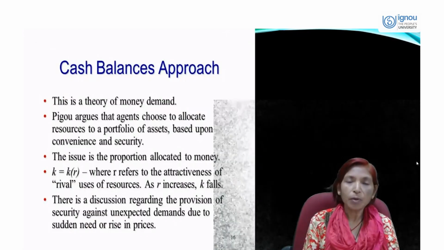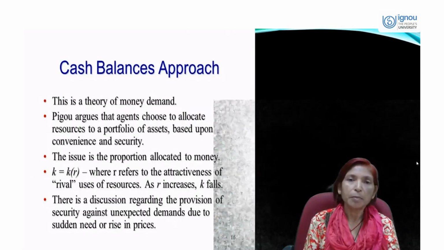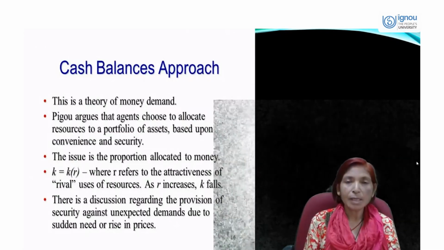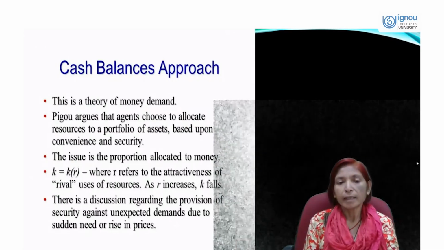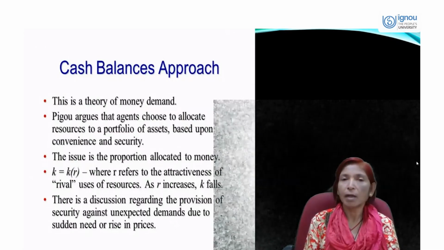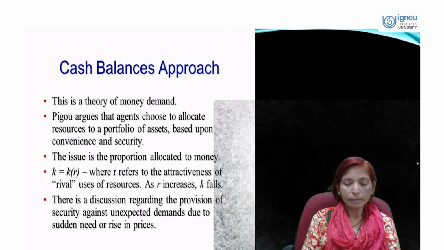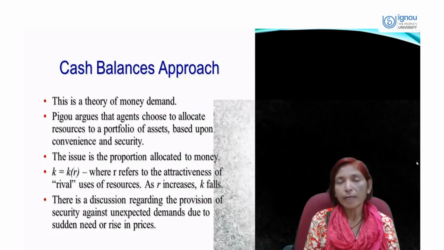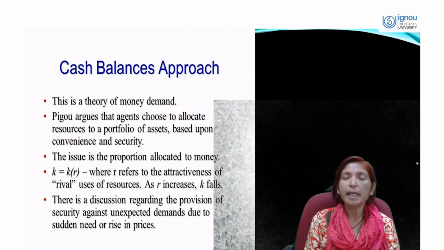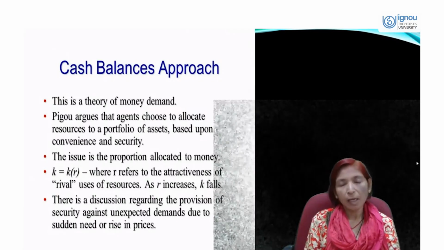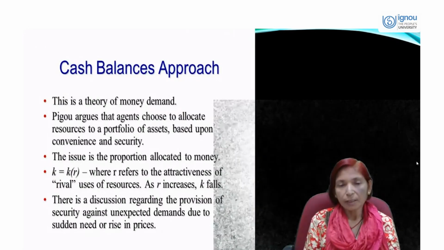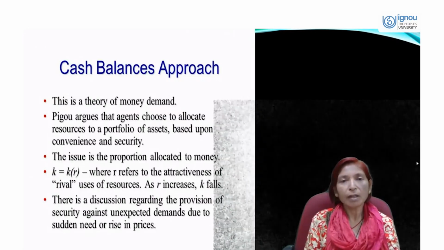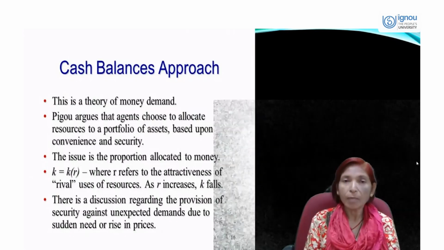But the other approach is the cash balance approach. This approach was propounded by Cambridge University's economists, among whom Marshall, Pigou, Robertson, and J.M. Keynes are very popular. They all are Cambridge University's economists and great economists.